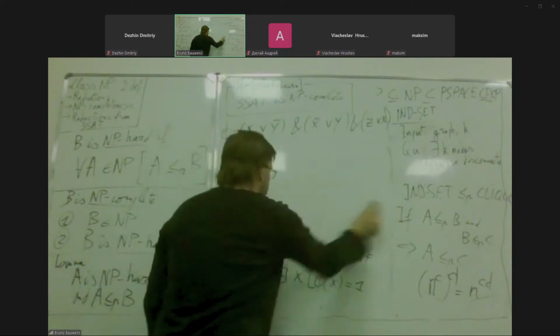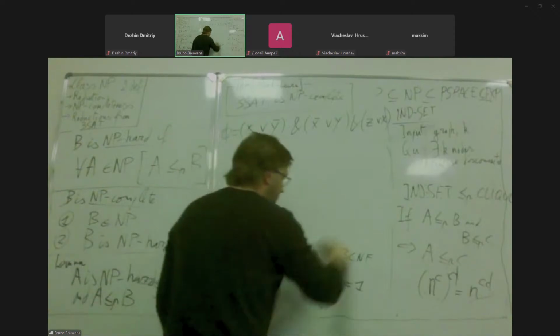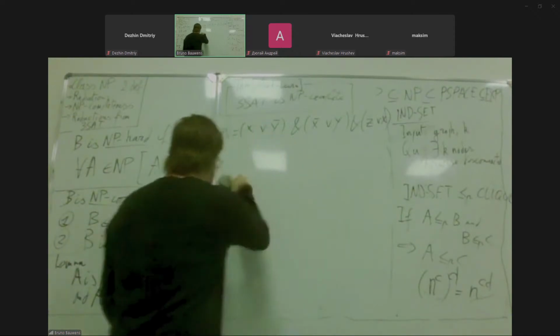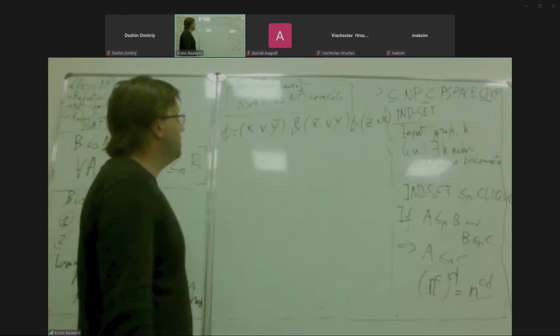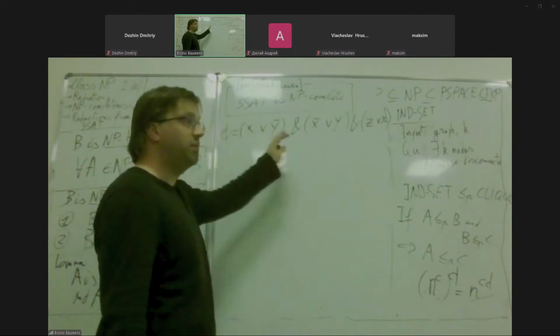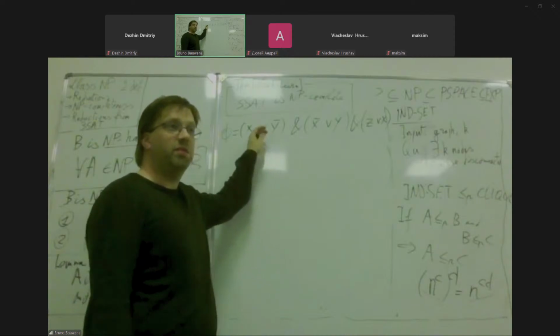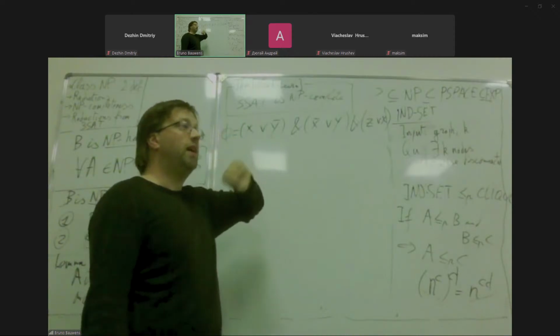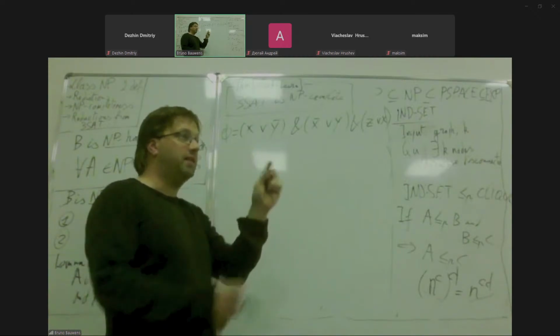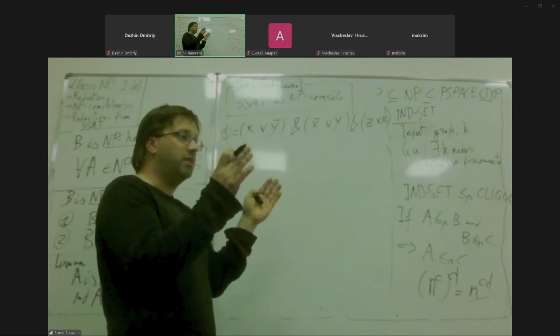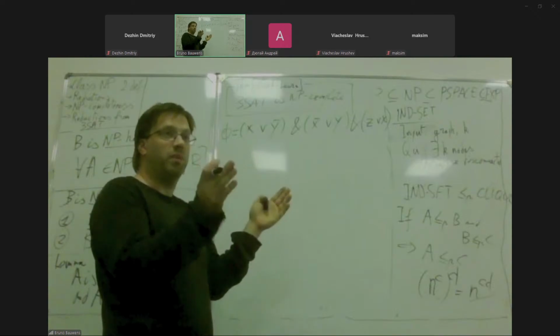So here is an example. In the formula, clauses have length at most 3. There are variants of the definition where they ask clauses to have exactly length 3. And some variants also require that all 3 literals are different or even come from different variables.